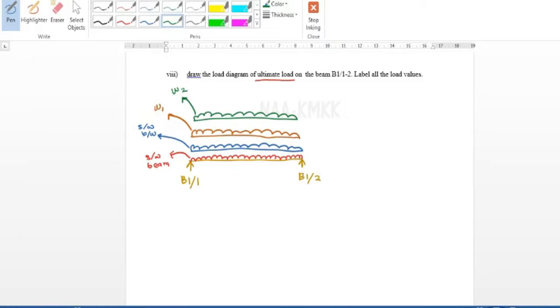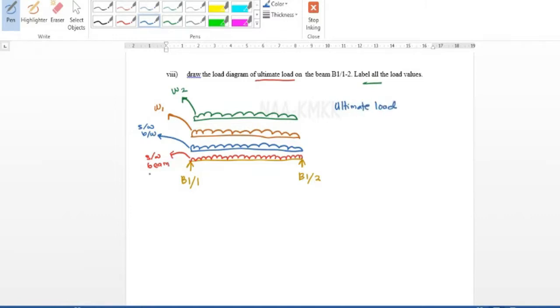Okay, this is the load diagram. But we have to label all the load values. Ultimate load, guys, ultimate load. So let's calculate here.